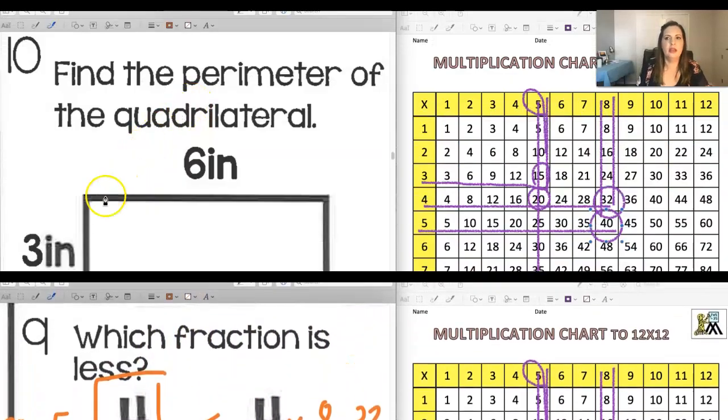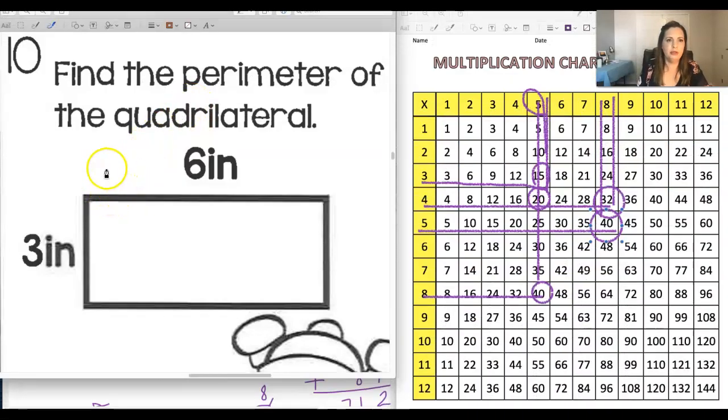4/8. Number 10, find the perimeter of the quadrilateral. Remember that a quadrilateral has the root quad because it's just a shape that has 4 sides. To find the perimeter, remember, you add up all the sides. If this side is 3 inches, I know this side will be 3 inches as well.